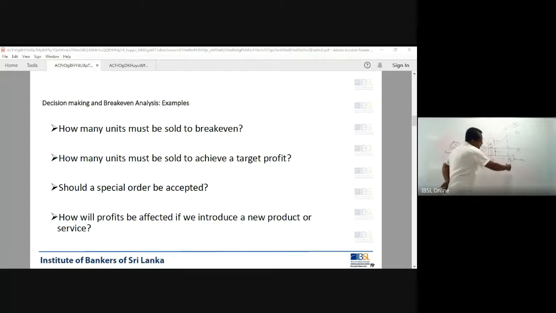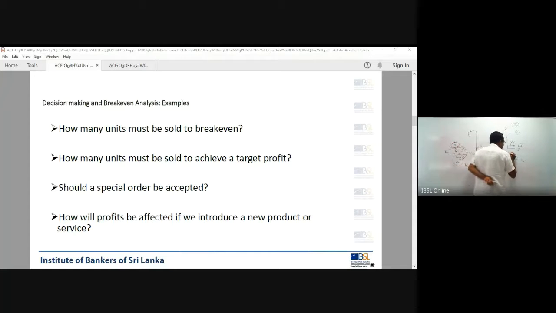That is the point we call break-even point. At this point, zero profit, zero loss. When you start from this point, there is a huge loss. It is coming down gradually. At this point, the two lines cross. So zero loss, zero profit.